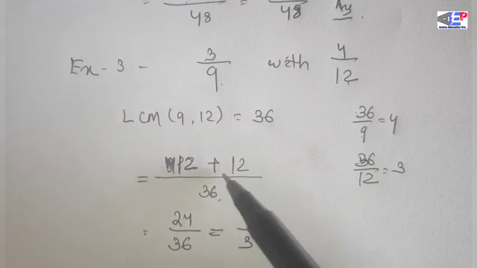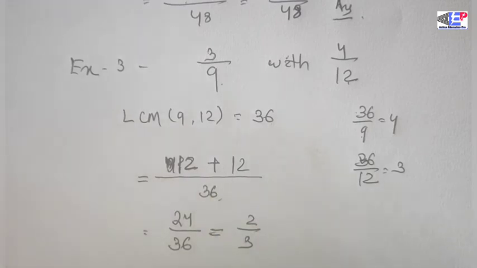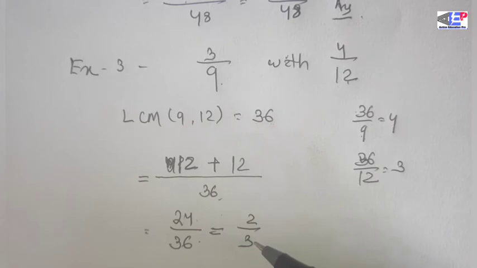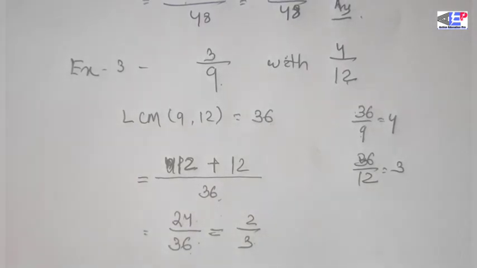So it is 12 plus 12 by 36, and here the answer is 24 by 36, which is equal to 2 by 3. 2 by 3 is the standard form of this fractional number. This answer is right. You get your full marks up to this, but 2 by 3 is the least form, the standard form of this number. You can write either, no problem.